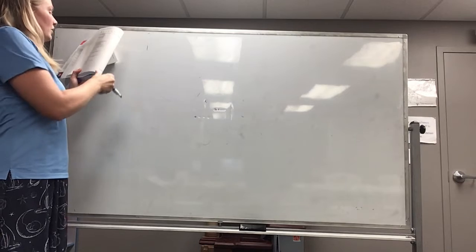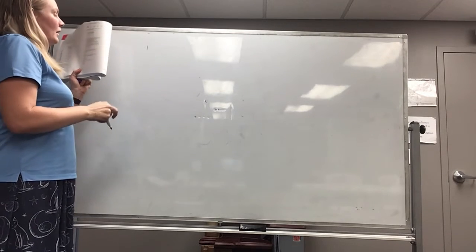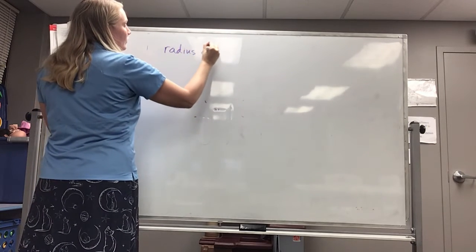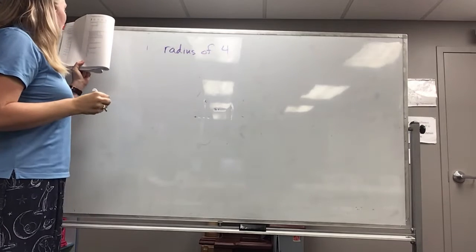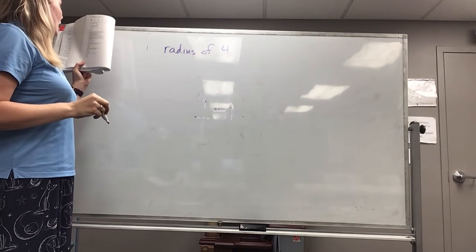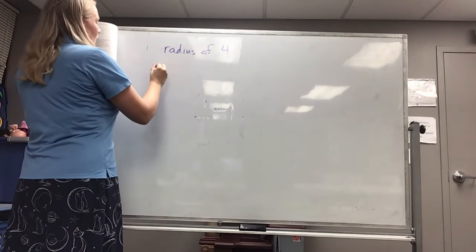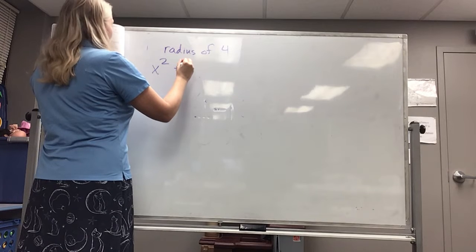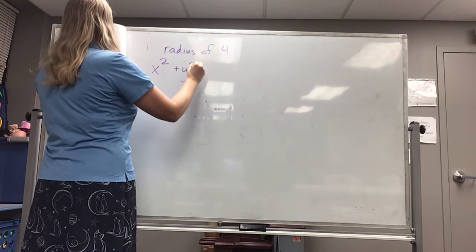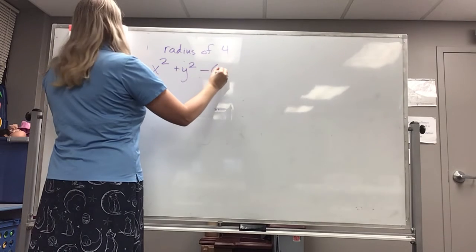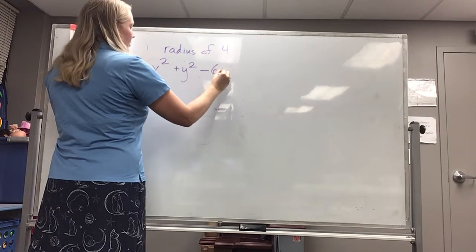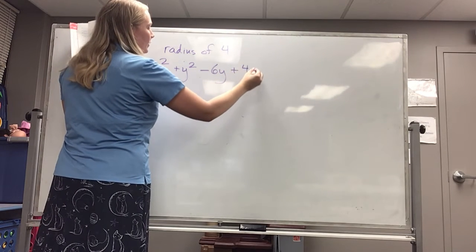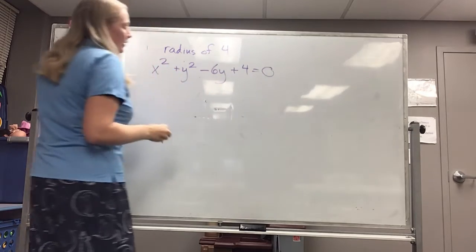So it tells us that the circle is in the standard xy coordinate plane, radius of 4 again, they really like 4. And the same center as the circle determined by x squared plus y squared minus 6y plus 4 equals 0.